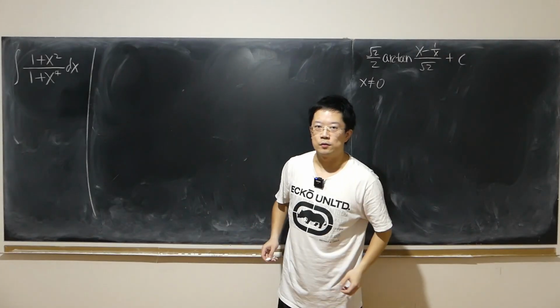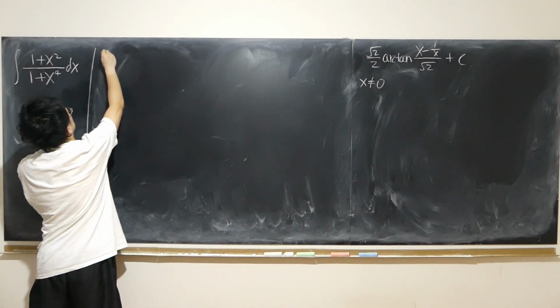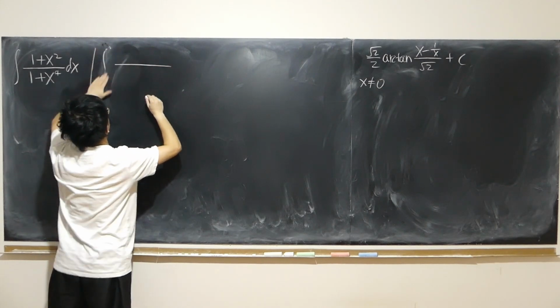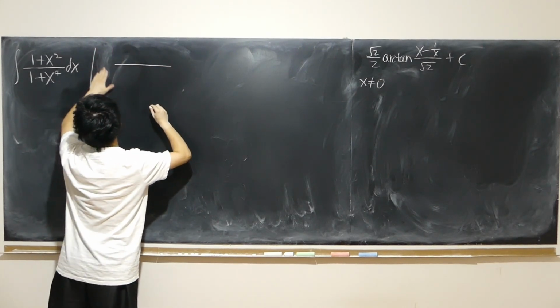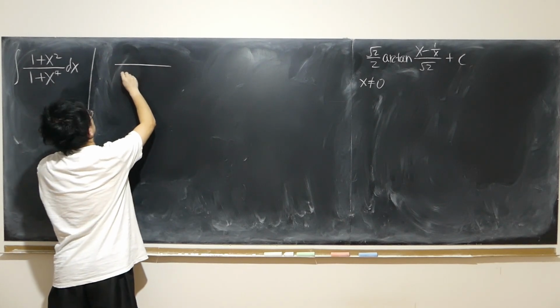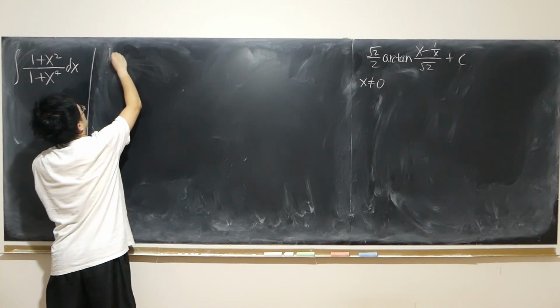Now I'm going to use the second method, the partial fraction method. Perhaps I just deal with the integrand first. The denominator is 1 plus x to the 4.